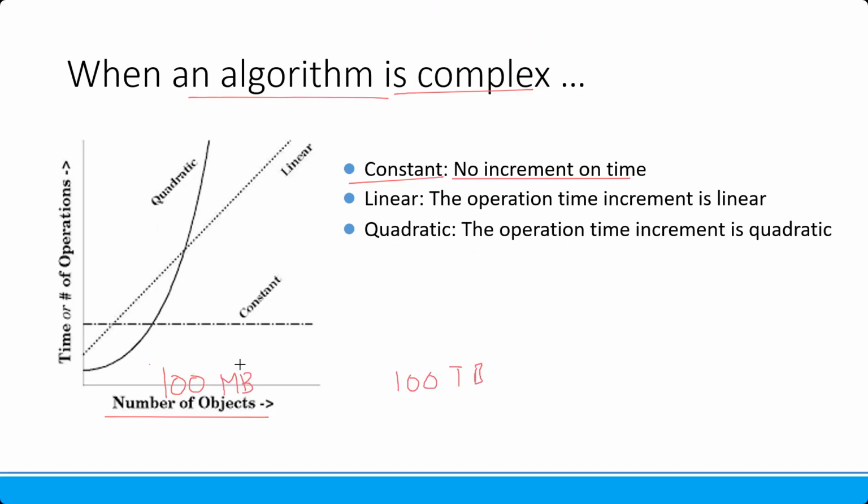So the number of objects means the higher number of data. When the data is higher, we want to know what the time is. So this is time.